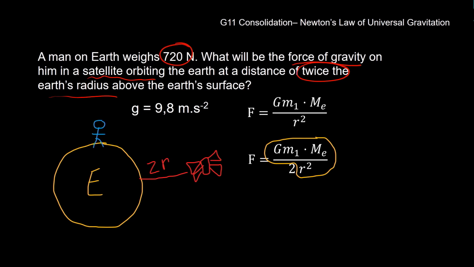Let's write down what we know. So we know that this man's force on Earth is 720 newtons. We know that he is now in a satellite. Here's the satellite. And that satellite is 2 times the radius of the Earth.